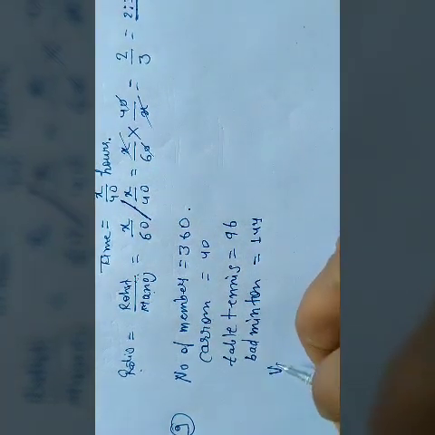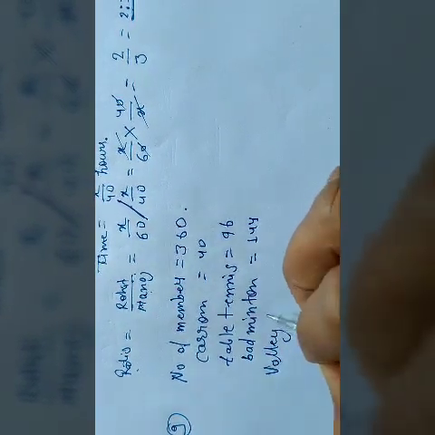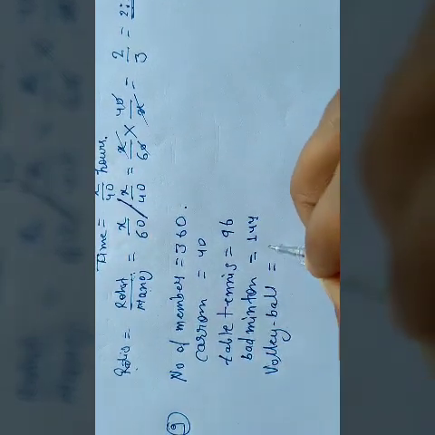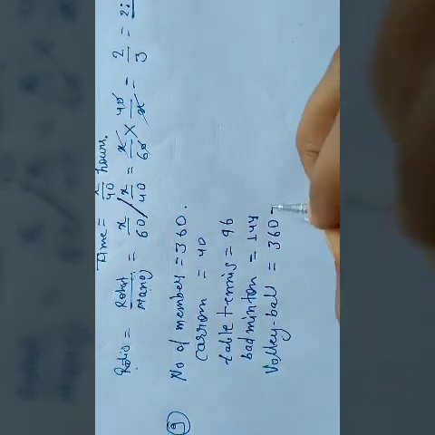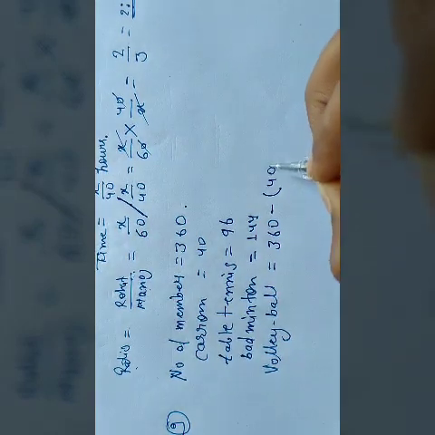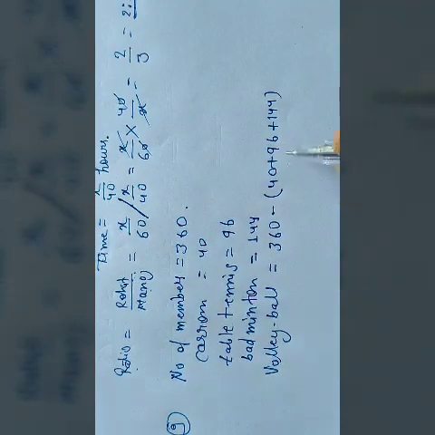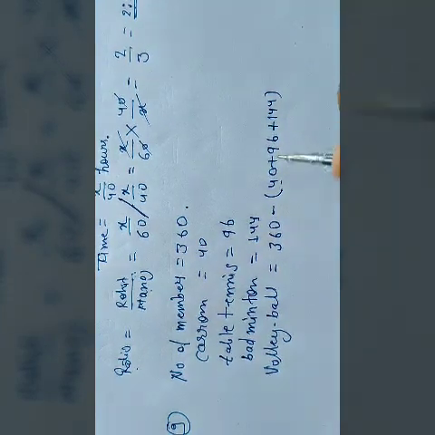Remaining students for volleyball equal to 360 total students, subtract these students, means 40 plus 96 plus 144. Subtract these players from total members.